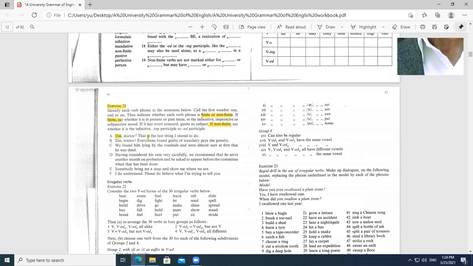No, it's not imperative. Indicative. Yes, indicative.